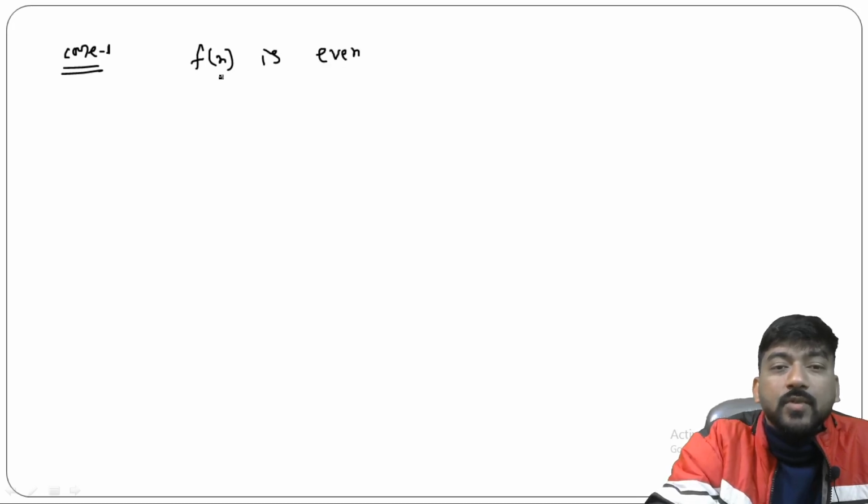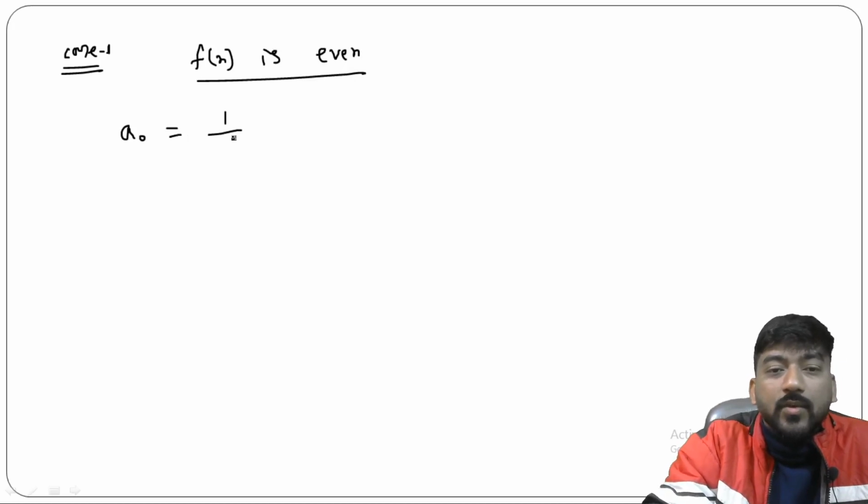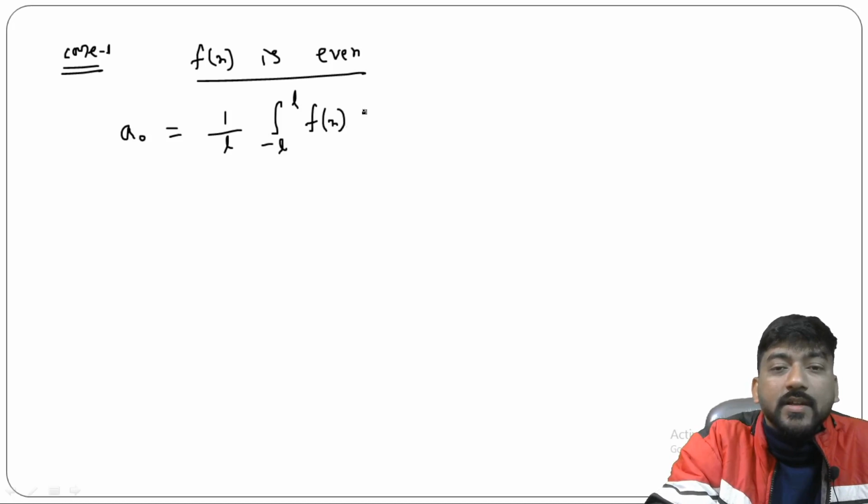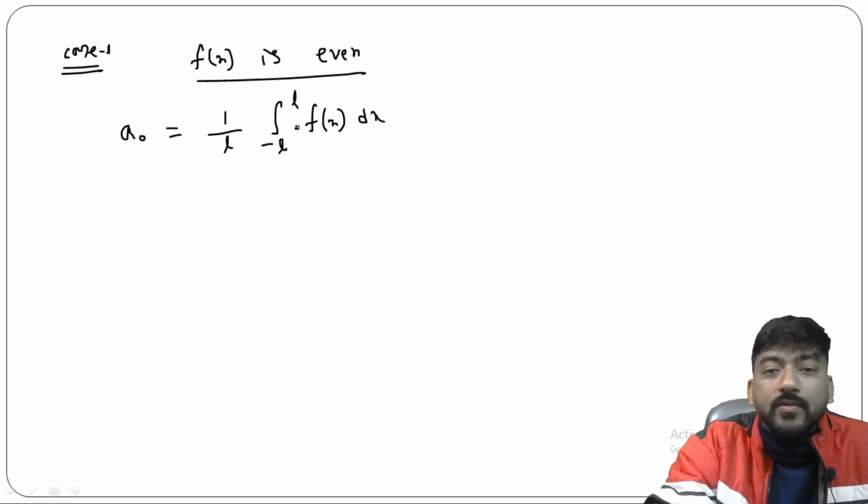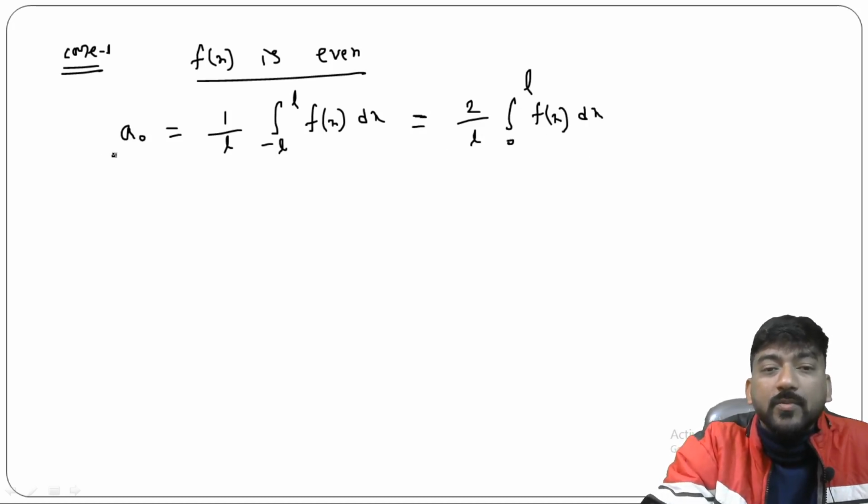What will be a0? We have a0 is equal to 1 upon L integration minus L to L f of x dx. And according to the property of even functions, as I have discussed earlier, the integral from minus L to L of f of x dx is equal to 2 times the integral from 0 to L. So it will be just 2 by L integration 0 to L f of x dx. So this will be our Fourier coefficient a0.